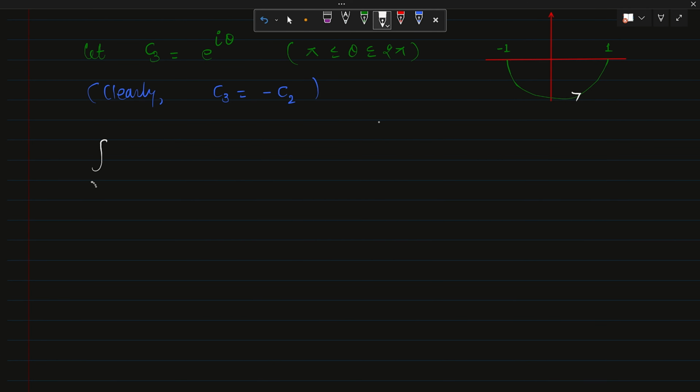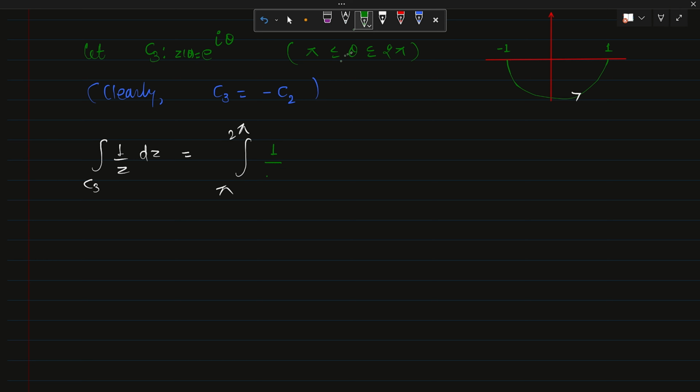So let me write the integration along C3 of 1 by z dz, that is equals to integration from pi to 2 pi. So here range is pi to 2 pi, and 1 upon z means, let me write in a more precise way, the C3 curve given by z theta is equal to this one. Okay, now z theta is e to the power iota theta.